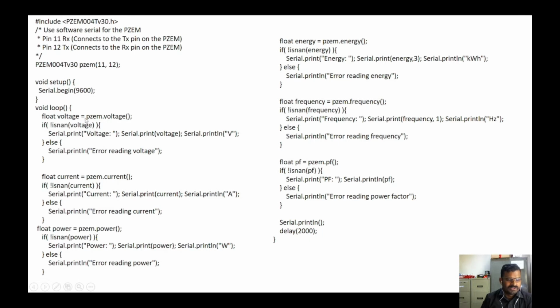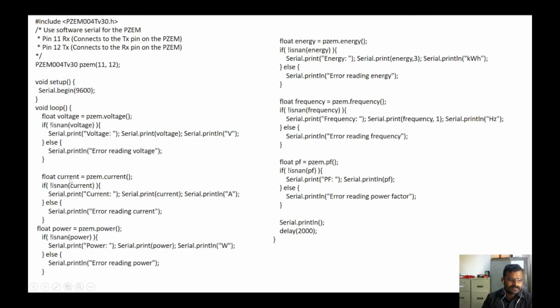So float voltage equals PZEM.voltage(). The voltage function measures the voltage and gets the voltage value, and it will be stored in this variable. It compares whether the voltage is available, and then it prints the value here: voltage equals the serial voltage, in its unit. If not available, it will say error reading voltage. The same pattern is followed for all other parameters as well.